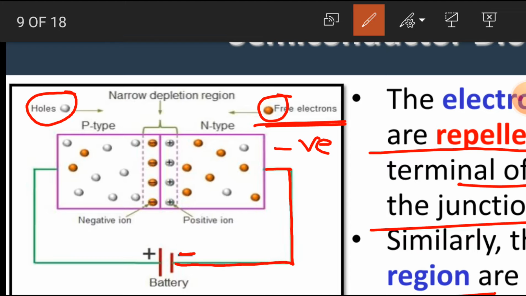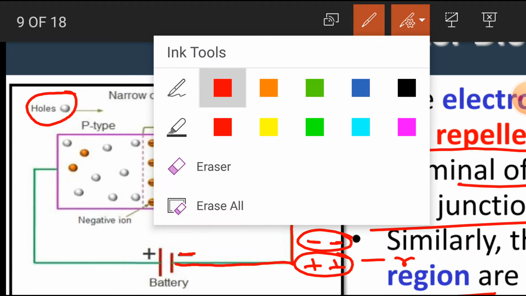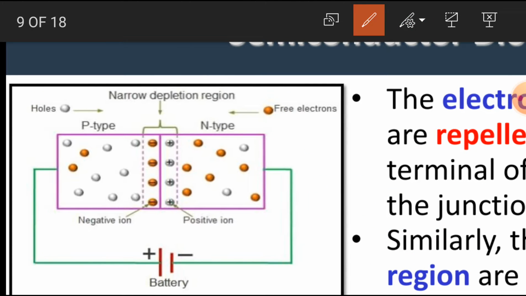That means when a positive and a negative charge appear together, there is attraction of the charges, and when negative-negative or positive-positive charges appear, there is repulsion of the charges. That means the electrons are repelled by the negative terminal of the battery towards the junction.